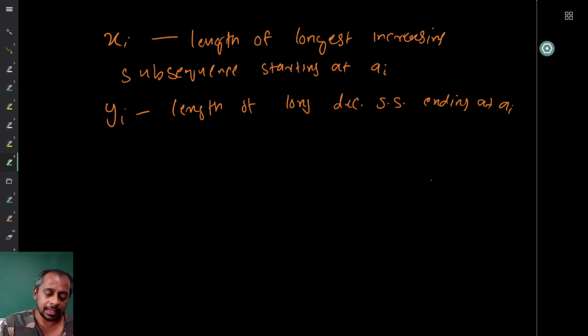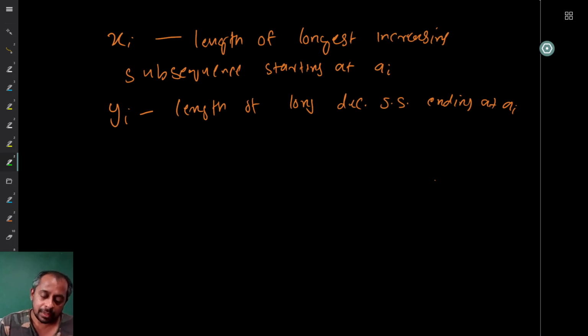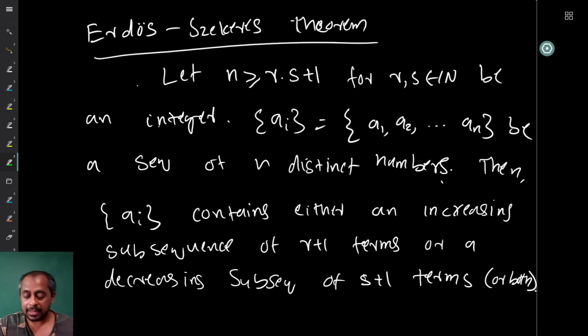Now what I am going to do is count the length of the longest increasing subsequence that starts from a number. Suppose I look at the position, let us say a2.